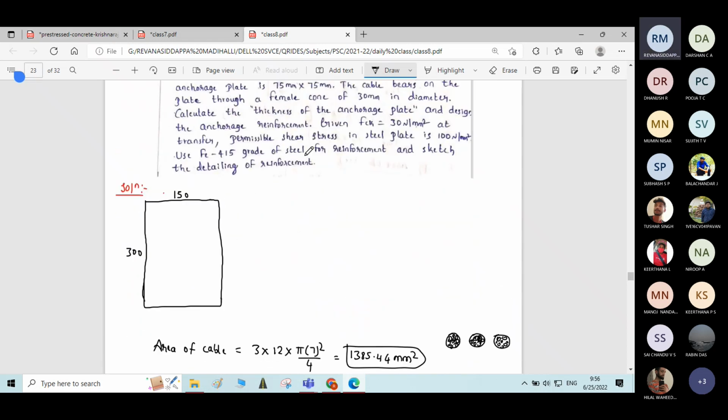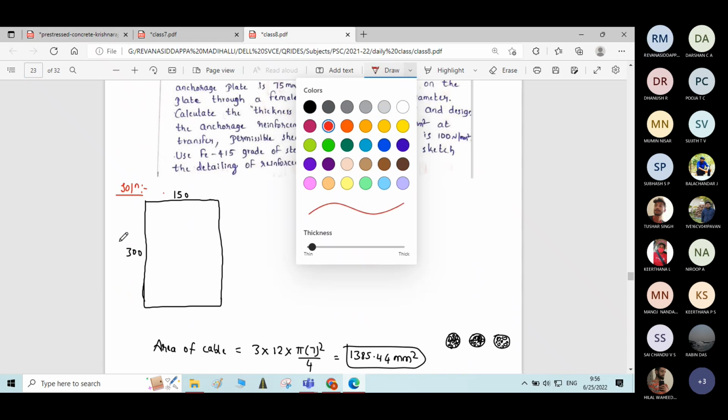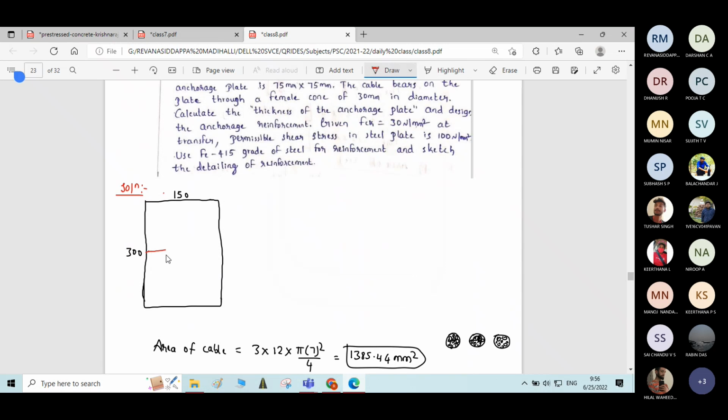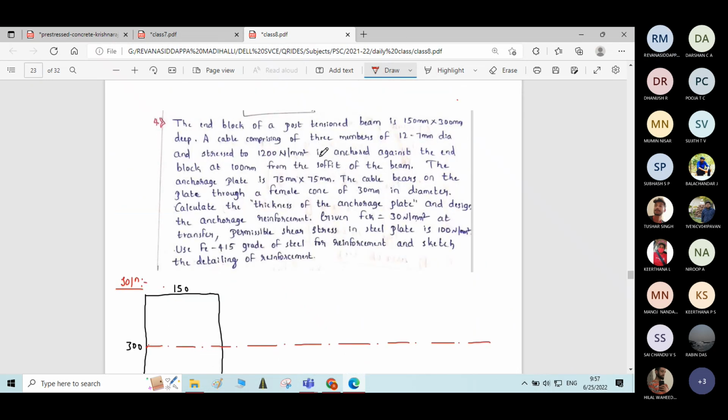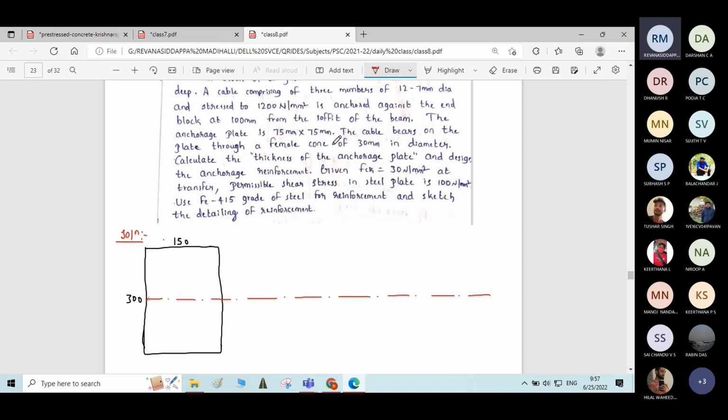Let me write the central axis. What is said here?